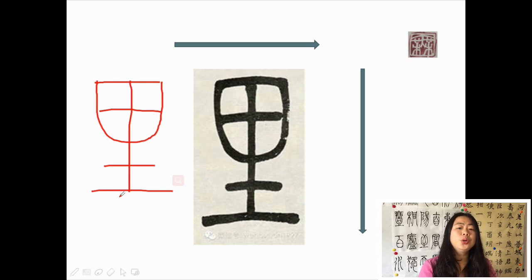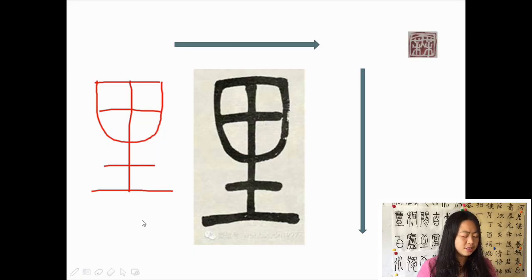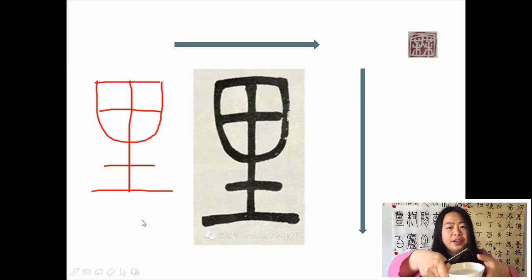Now I will show you how to write this character with a brush. But before we start, let's review something. What do we do with this dry brush? We need some clean water. This is clean water.